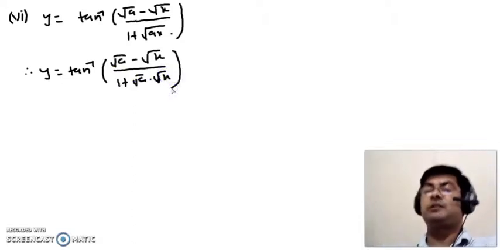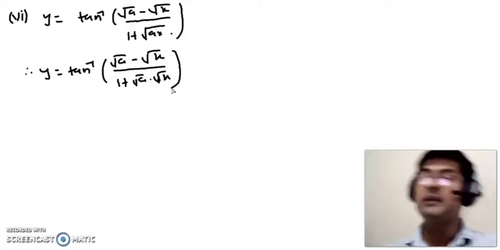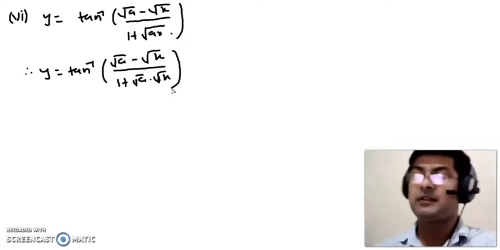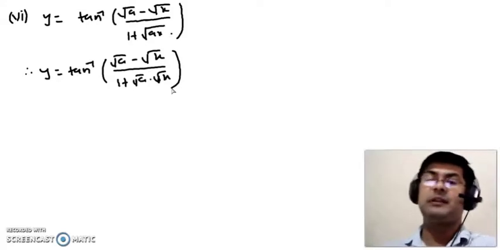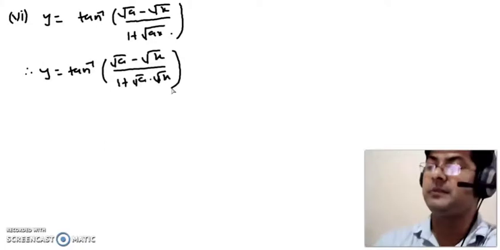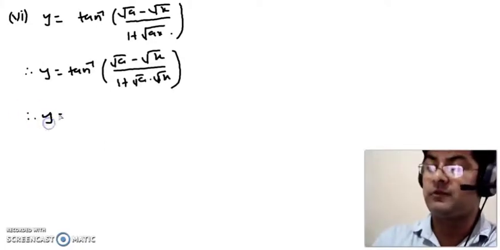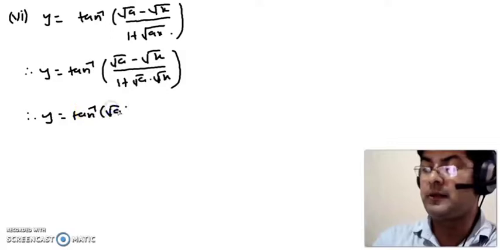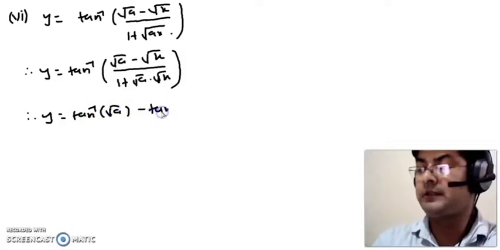Now if you consider root a as a and root x as b, then we have tan inverse of a minus b upon 1 plus ab. That is the formula of tan inverse a minus tan inverse b. Clear? And therefore y is equal to tan inverse root a minus tan inverse root x.